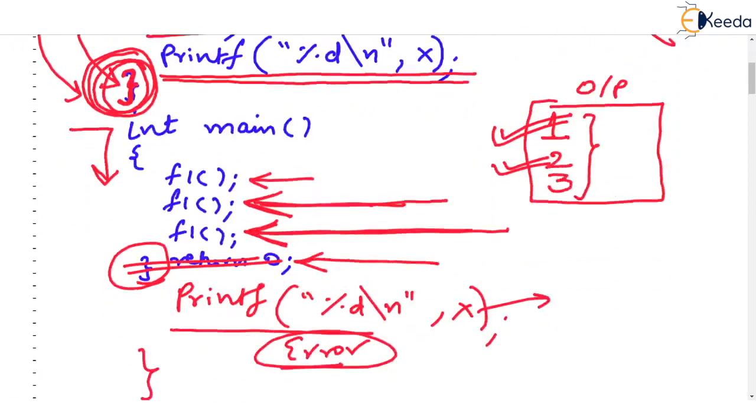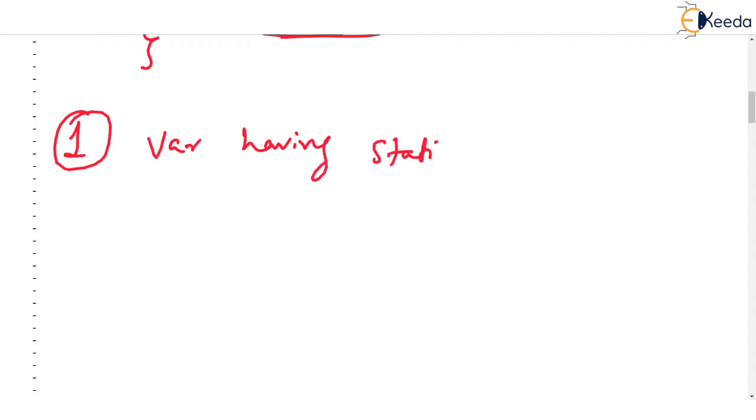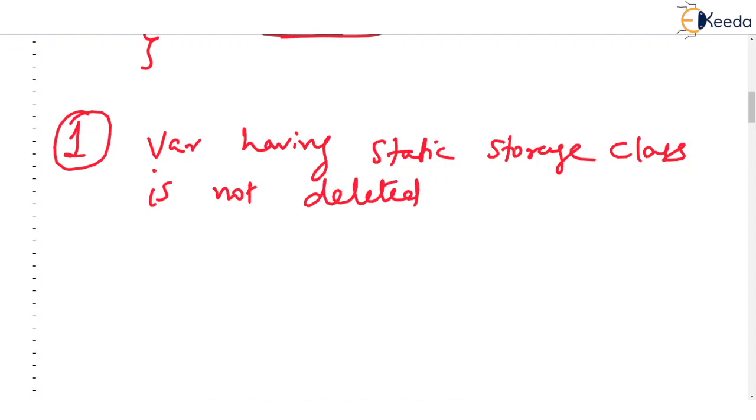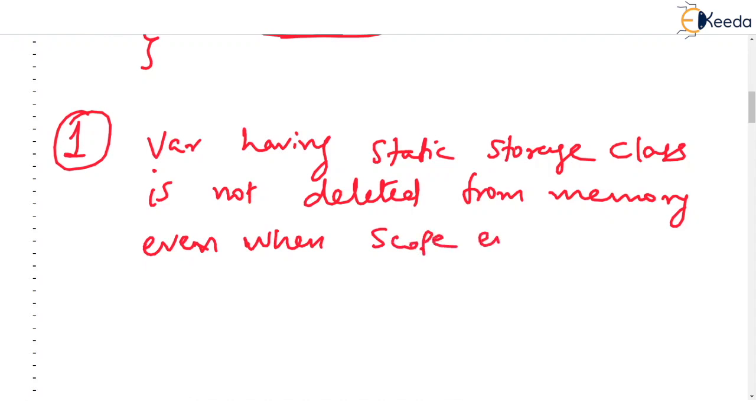So what are the points we have covered about static variable? One, a variable having static storage class is not deleted from the memory even when the scope ends.